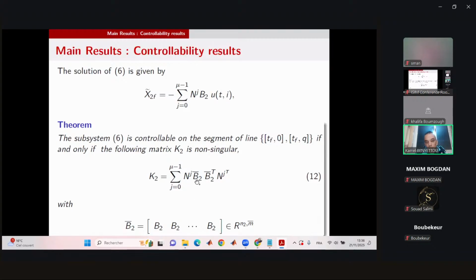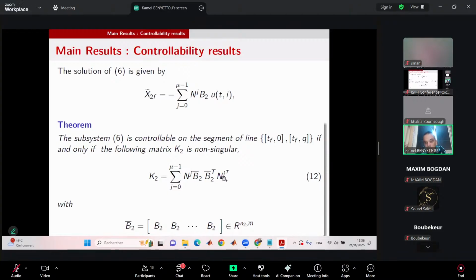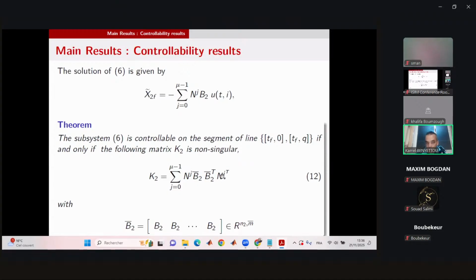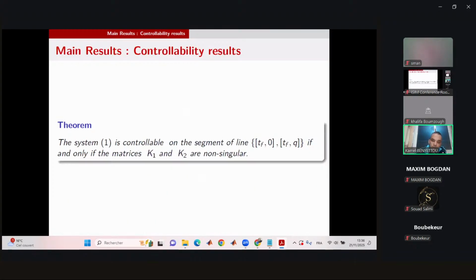B2 bar is denoted by this matrix, and G transpose is a nilpotent matrix, so we can calculate these sums easily. And finally, we can conclude by using the existing result about decomposition and Kronecker decomposition of our singular matrix.